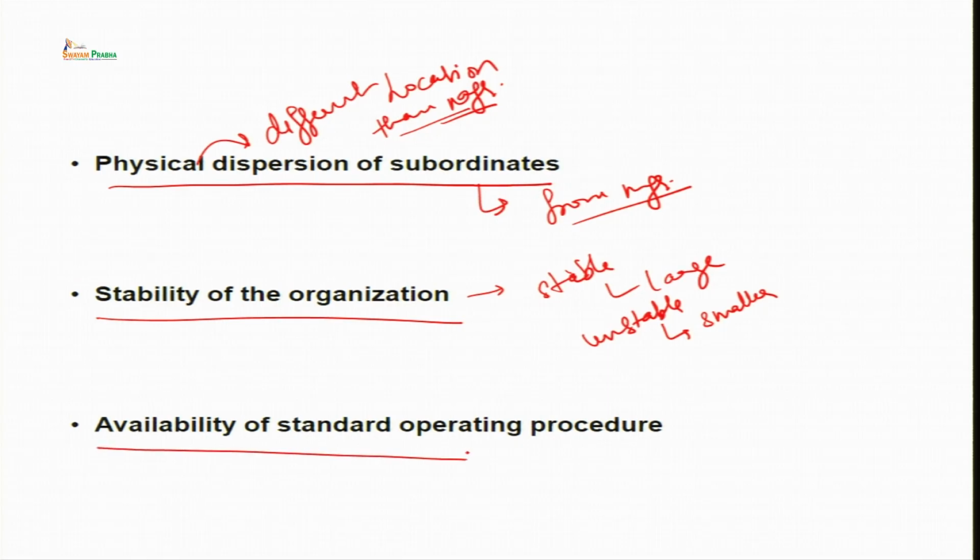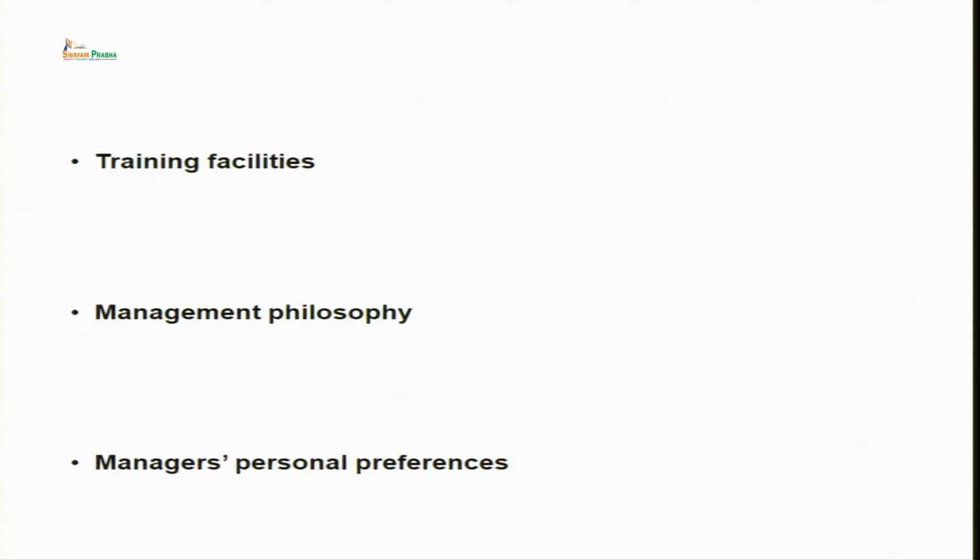And availability of standard operating procedures, I think you can answer quickly, students. If SOP is available, we go for a large span because supervision is then less required. If SOP is absent, then we need to go for a narrow span of management, or fewer people under a manager.